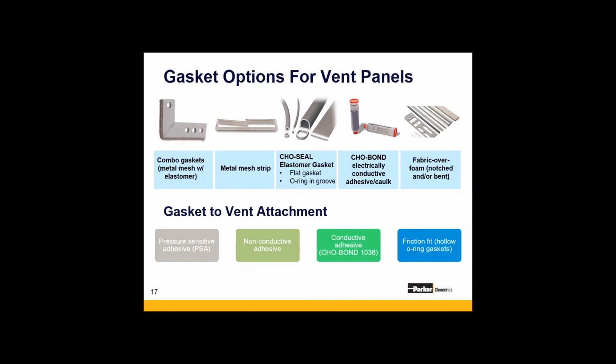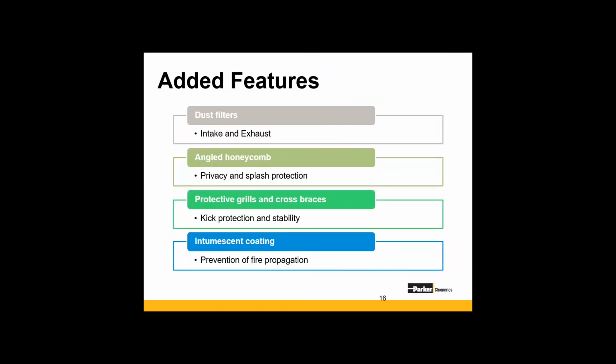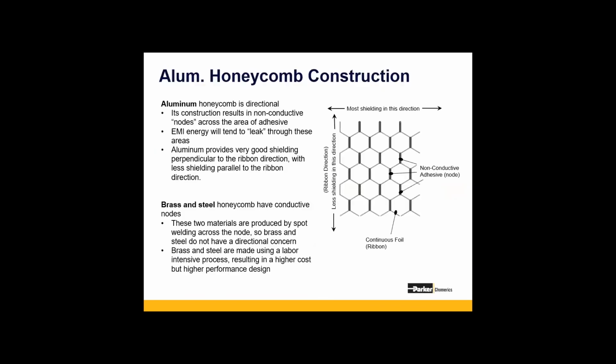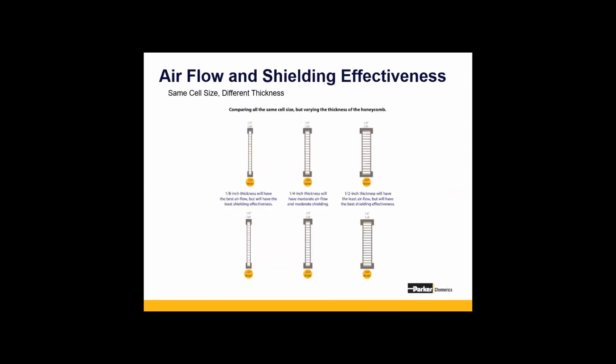I think I'm going to take this one. Richard, can you talk a little bit about competitive products and how Chomerics compares in regards to performance and pricing? So one thing I will say is that Chomerics, we're never going to be the cheapest people. You can buy products that are made in China, which is fine if that's what you need. Our vents are custom. We're going to sit down with you. We're going to understand your shielding needs.